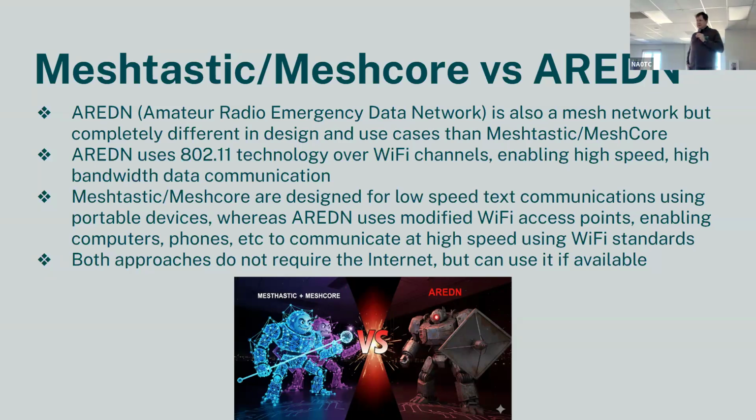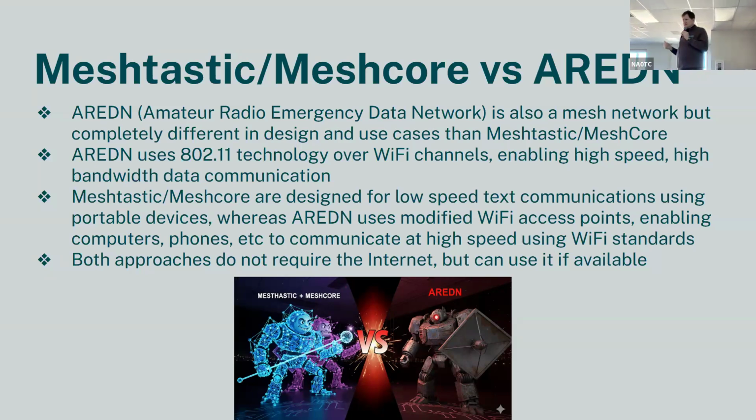So I see them really as complementary to one another, right? If your use case is you want a local mesh of high-speed communications for when the world goes south and you still want to be able to send pictures to your buddies or whatever, then Eridan is good for that. Or if you want to run VoIP calls without an internet connection.